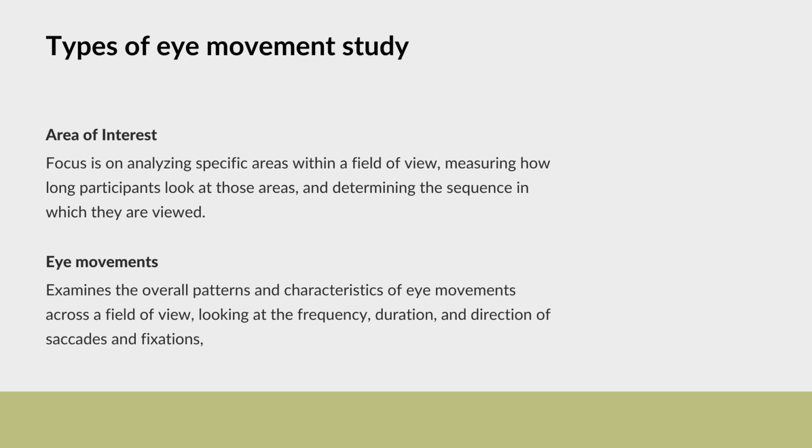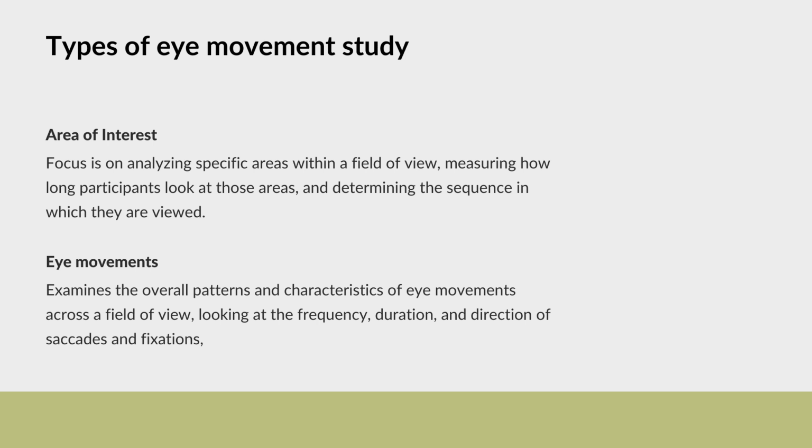Research on areas of interest focused on studying where an individual was looking within their field of view and determining what they were attentive to based on where they're looking. The branch of research that focuses on eye movements was more concerned about the eye movements themselves and interpreting cognitive behavior based on how the eyes move as opposed to what they are looking at within the field of view.